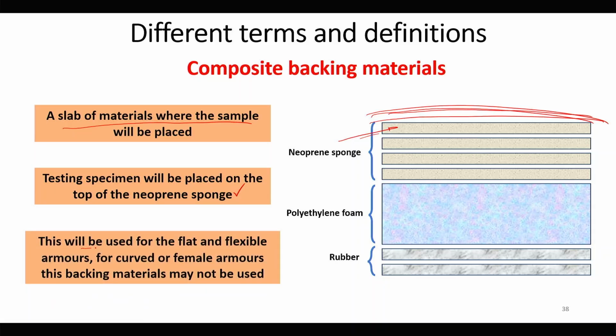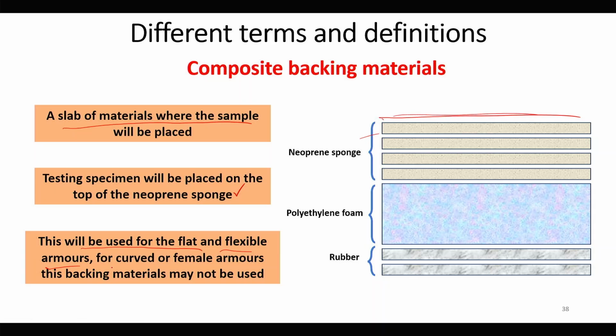So, this can be used for flat and flexible armor. For any flat armor we can place it here, or even for flexible armor we can place it on this flat one.